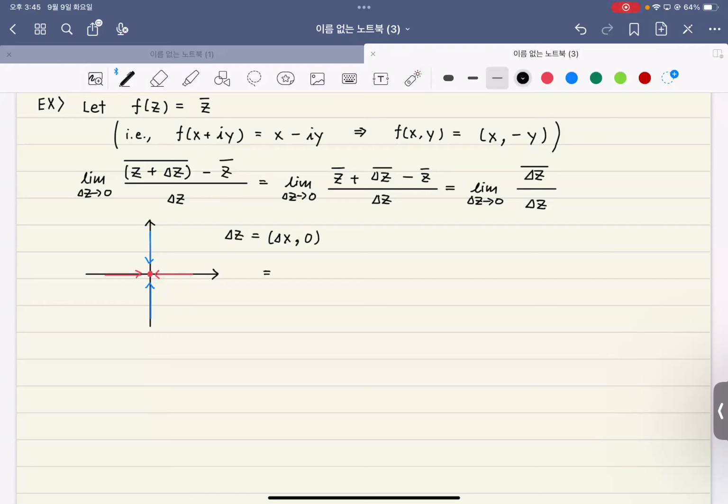Then, following the horizontal route, this delta z is now delta x tending to 0. And delta z bar is delta x plus i times delta y, everything taken complex conjugate.